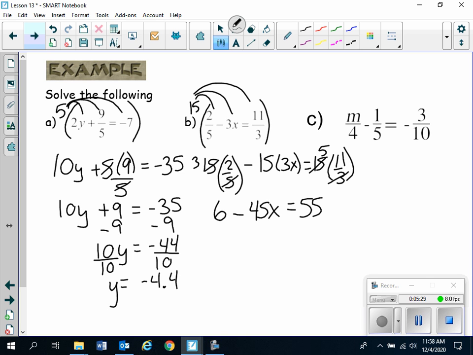I need to get rid of the outside, so this positive 6 I have to undo by subtracting 6. 55, take away 6 is 49. Divide by negative 45 to get x by itself. x equals negative 49 over 45.